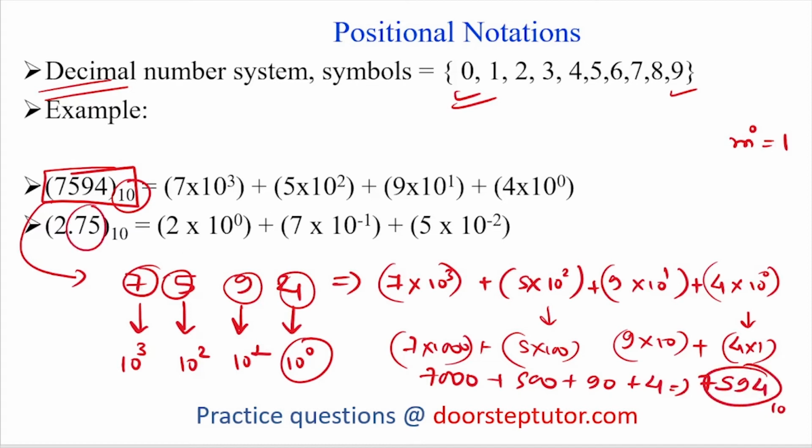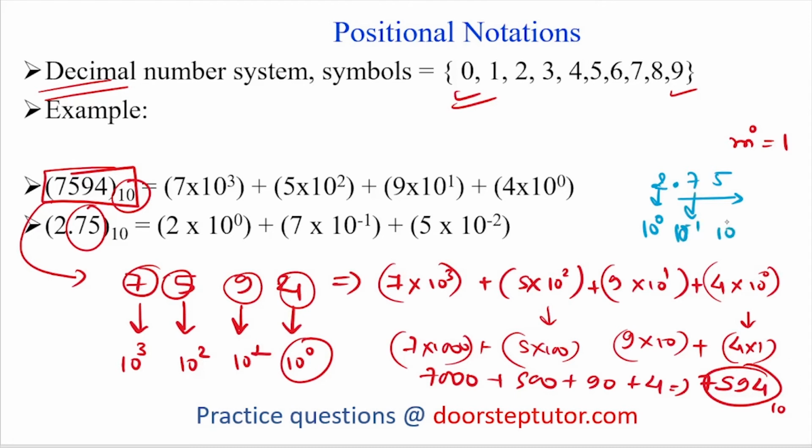Similarly, any fractional value can also be represented by its weight. For example, the given number is 2.75. We will start from the decimal point. So this 2 has a positional weight of 10 to the power 0. And if we move after the decimal point, the power will be negative. So this 7 will have the weight 10 to the power minus 1.